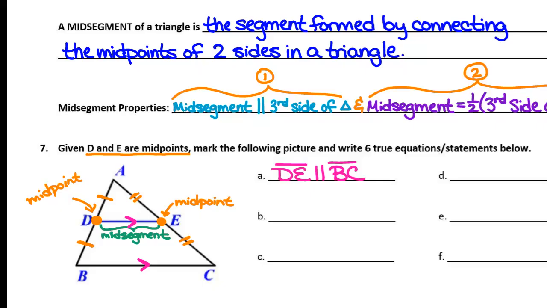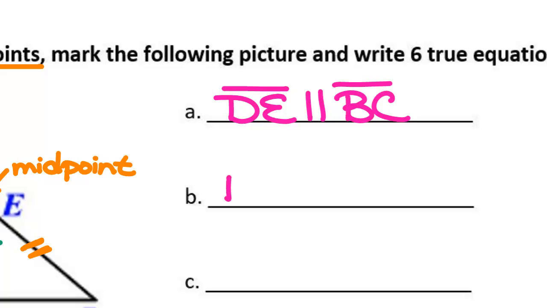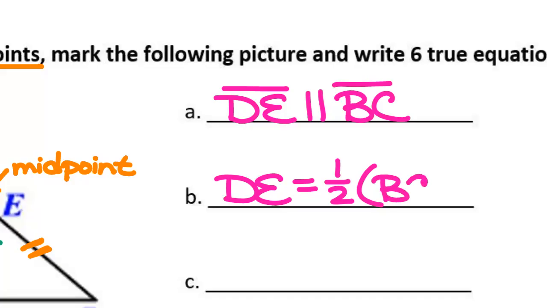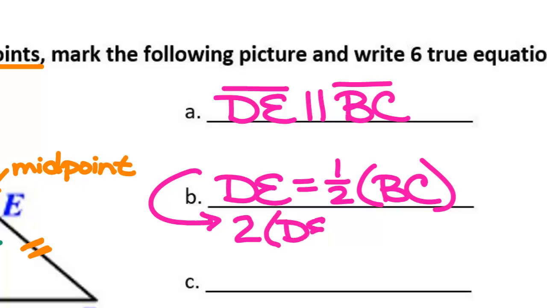Not only is it parallel, but what's the other property of a midsegment? It's not just parallel, but it's also half. Yes, DE is equal to half of BC. Or another way of saying that is, if I have two segments the size of DE, that would give me a segment the size of BC.